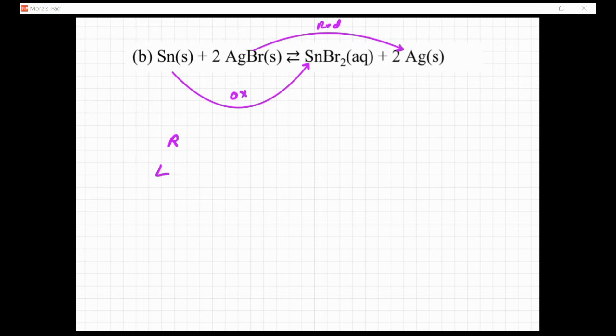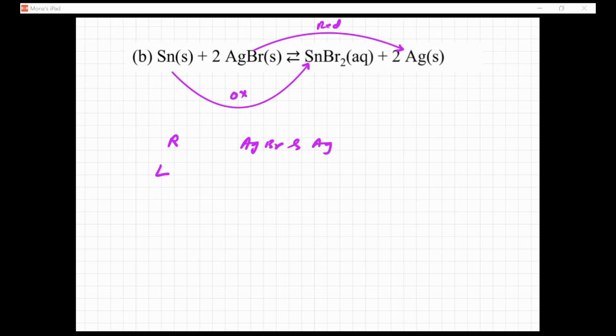I need to have, for example, Ag, Br, and Ag. If I have a reduction half reaction that involves these two in my table, I will use it. Otherwise I will use, for example, Ag and Ag plus, if I don't have anything. But let's see if we have it.